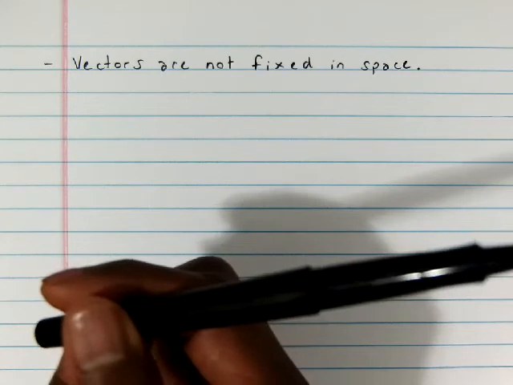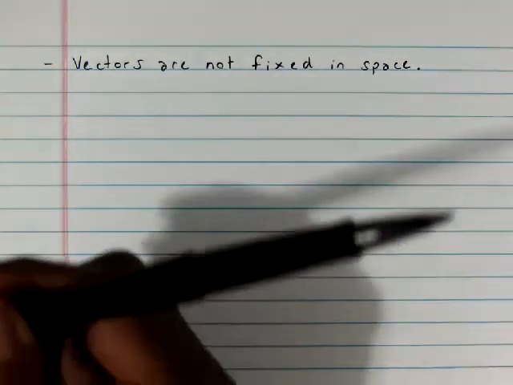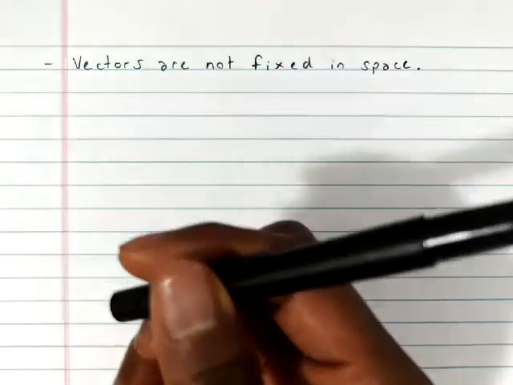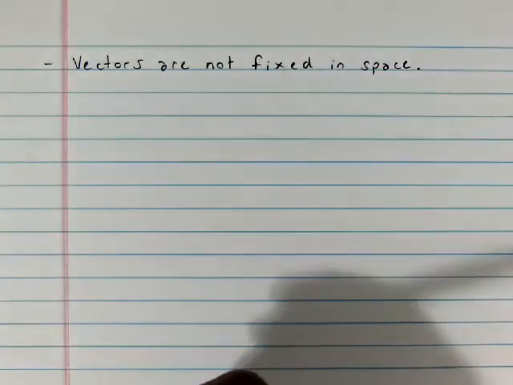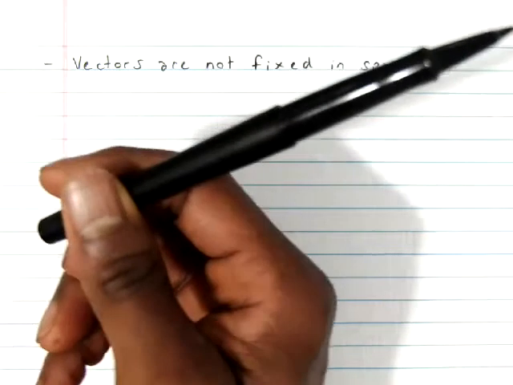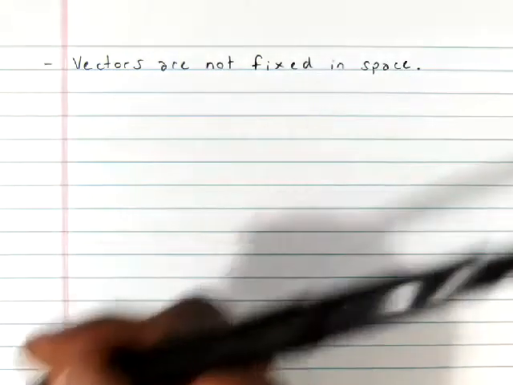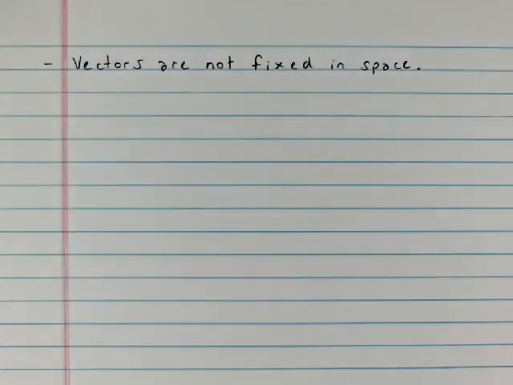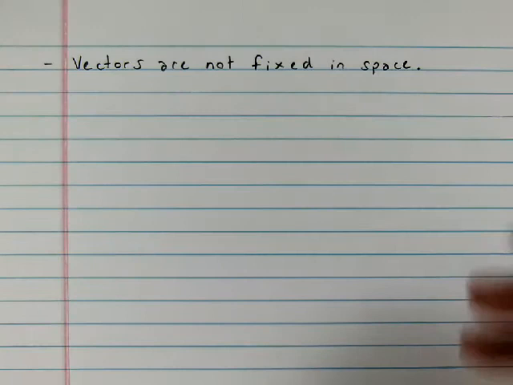So vectors are free to move around in space as long as you don't change their length or their direction. It's still pointing in the same direction the entire time, and its length is remaining the same the entire time. So the fact that vectors can move in space as long as their length and direction don't change helps us simplify the way that we represent vectors.